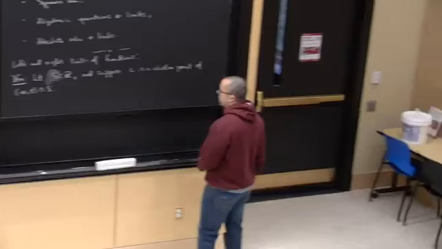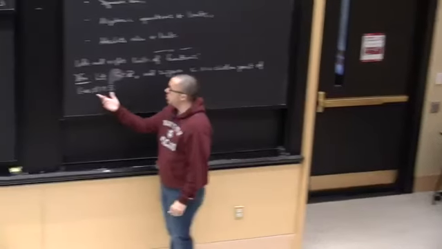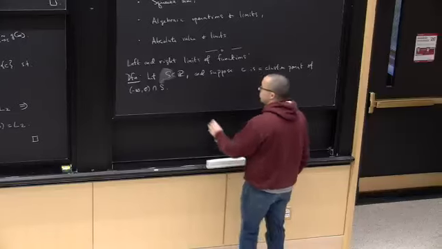So what I'm defining now is the notion of a function converging to something as x goes to c from the left. That's why I'm looking at only S intersect (minus infinity, c). So I'm only looking to the left of c.